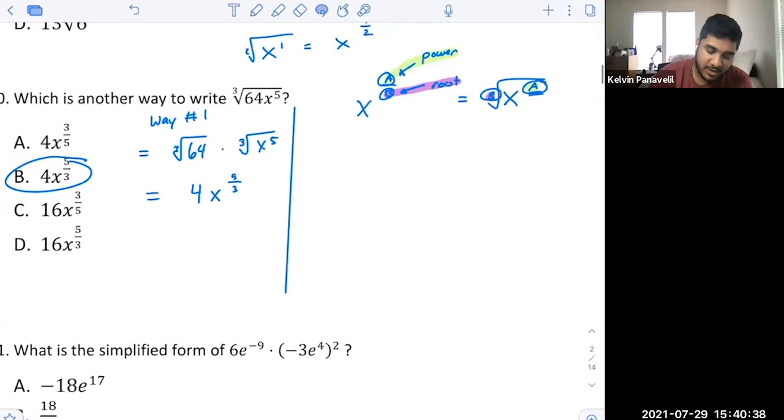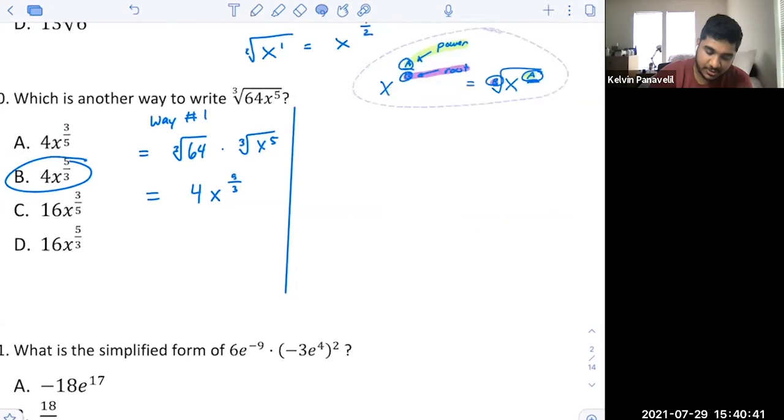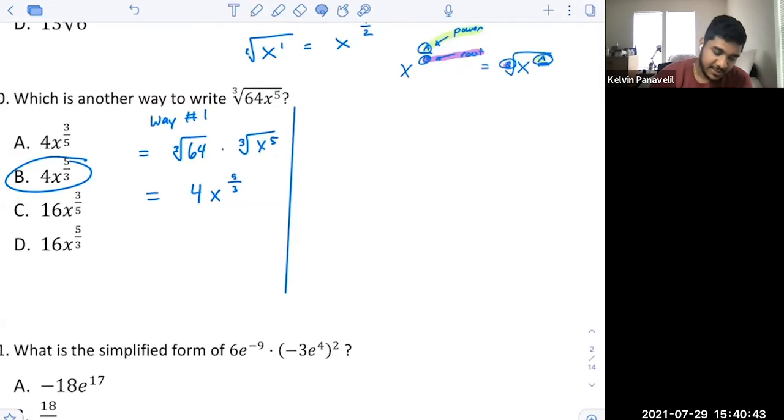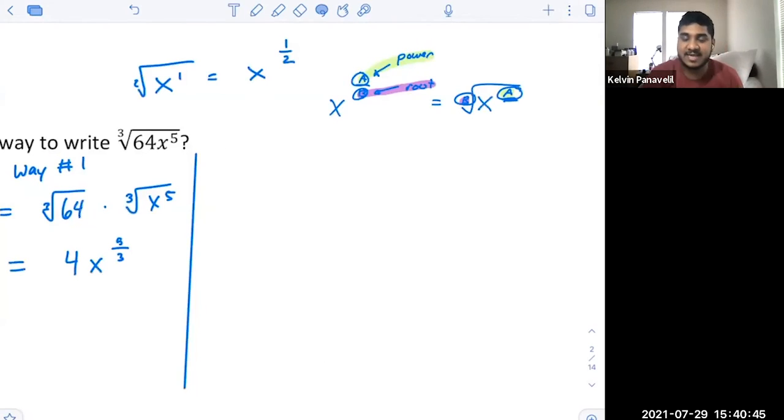Perfect. Another way you can look at this, using the rule that we just learned, is that anytime you take the cube root, it's the same thing as raising it to the 1/3 power. Anytime you take the square root, it's the same thing as raising it to the half power. So the cube root of 64x to the fifth is the same thing as 64x to the fifth, one more time, raised to what power in the chat?